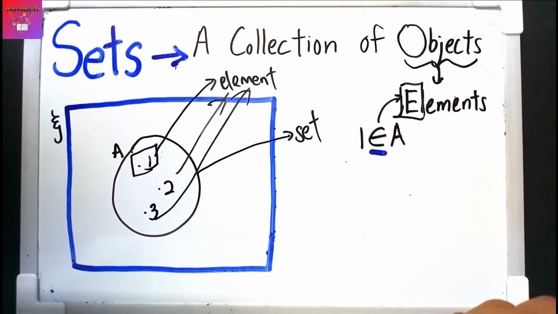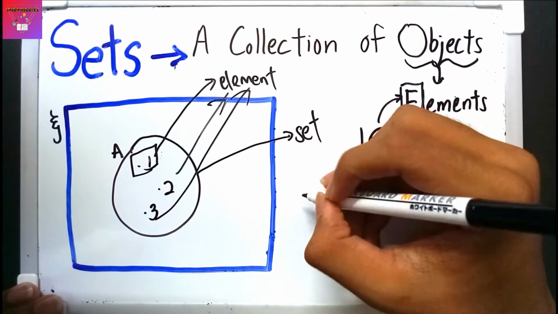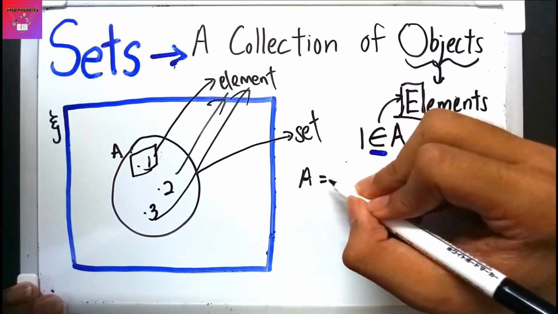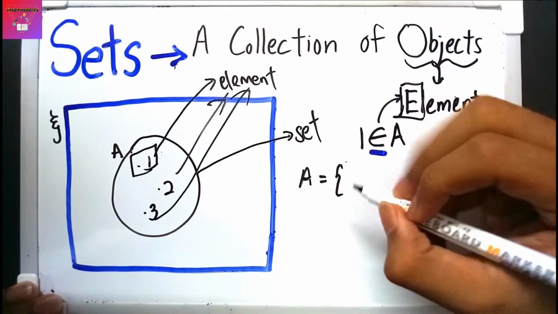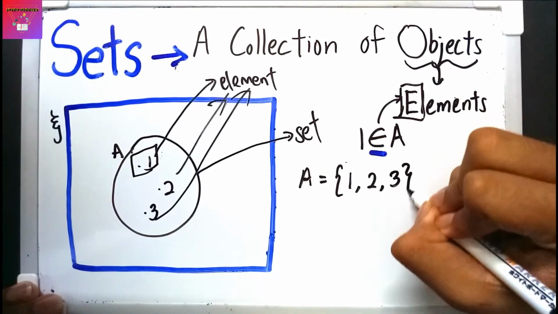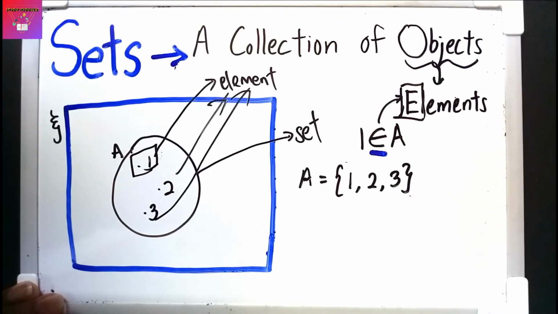How do we denote this in one line? We can denote it in 3 ways. Firstly, the way I prefer: you just write set A equals, open a curly bracket, and write whatever elements you find inside this set.